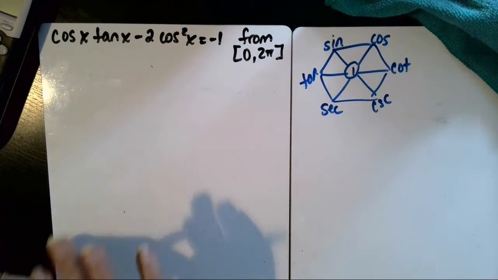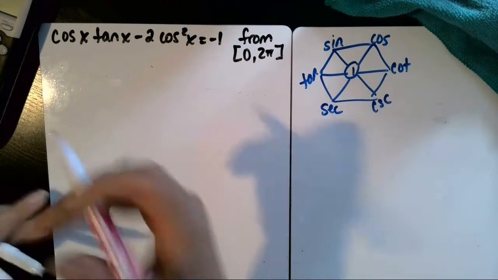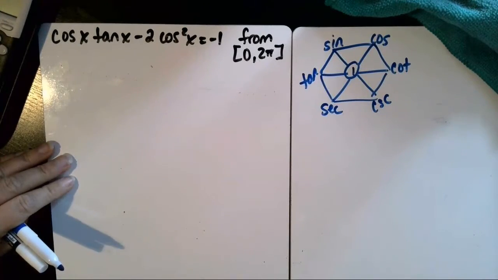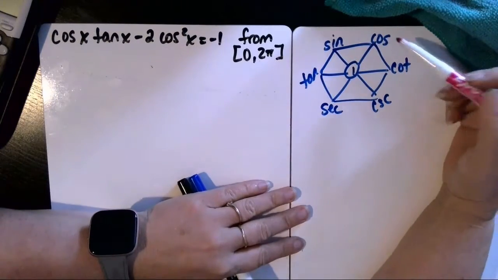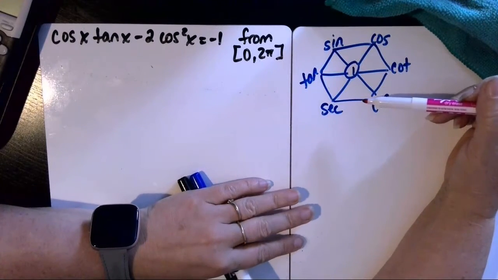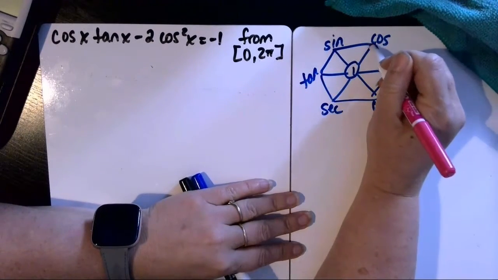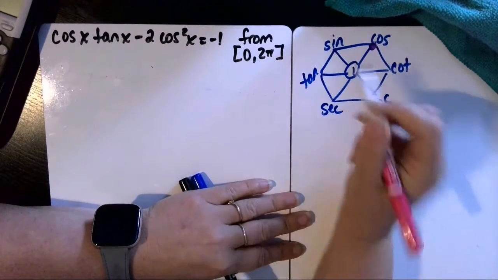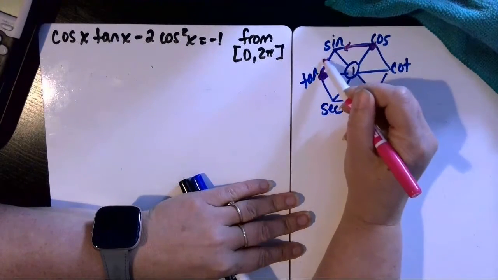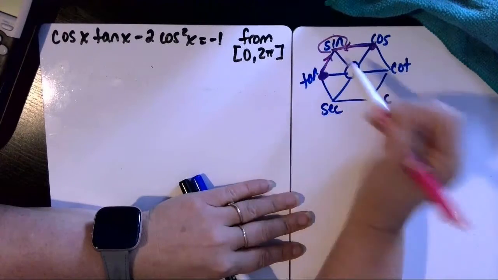So first thing we want to do is take a look at this cosine times tangent. Whenever we see a product, we can go over to our Trig Identity Hexagon that helps us recall the fundamental trig identities, and a product is always a hinge. So here's our cosine, here's our tangent, and they meet in the middle with sine as the hinge.